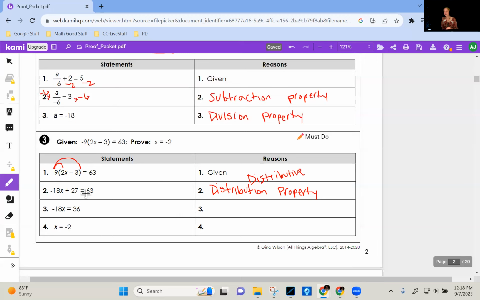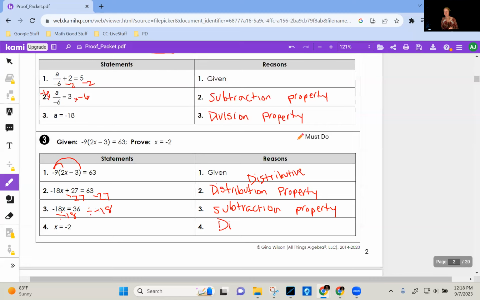Okay, now what did we do to get to this? It looks to me like we subtracted 27. And so we used the subtraction property. Alrighty, and now on our final step, it looks like I divided by -18 on both sides.